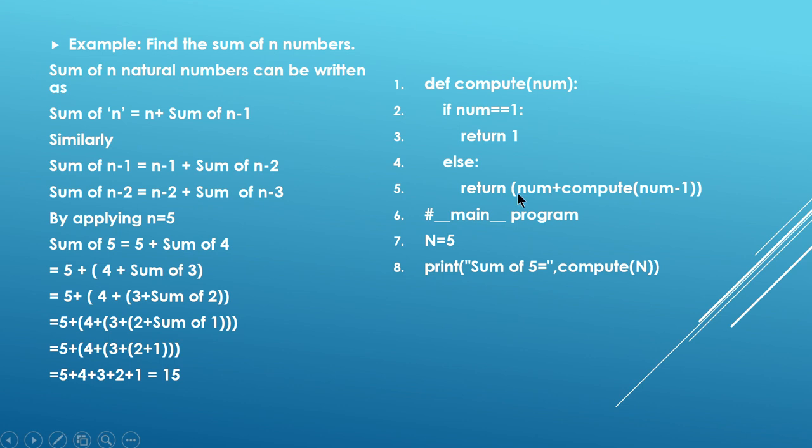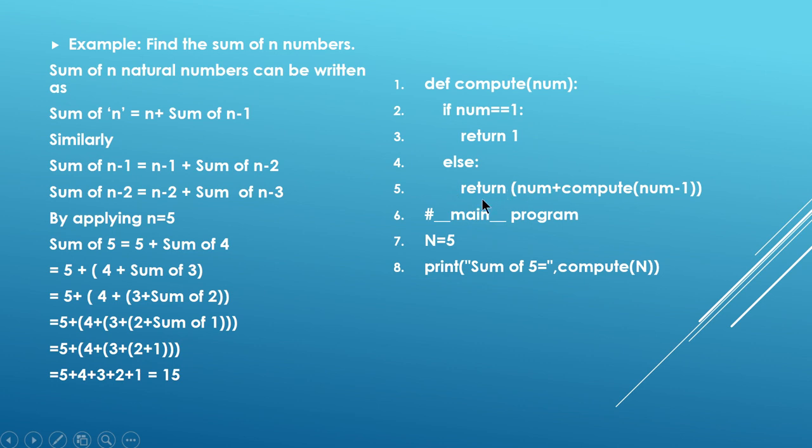If it is 4, I have to calculate 4 plus compute of 4 minus 1, which is 3, so that will be called again. Right? So this is my recursive function, which contains a base case and then a recursive case.